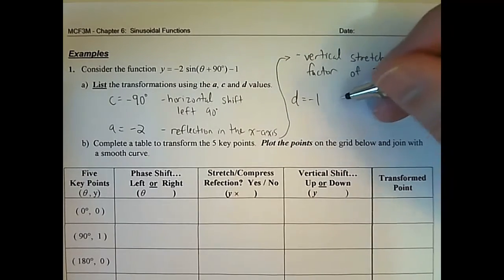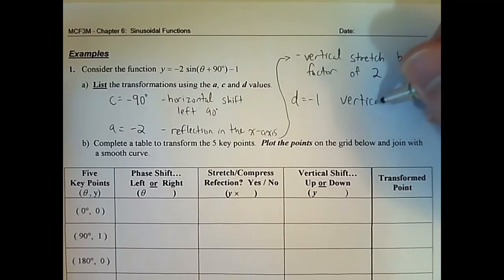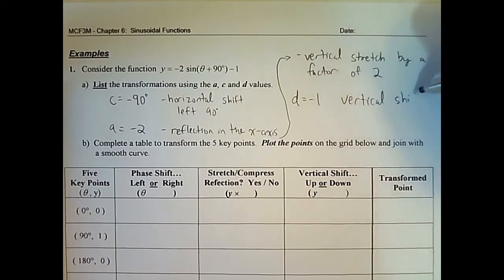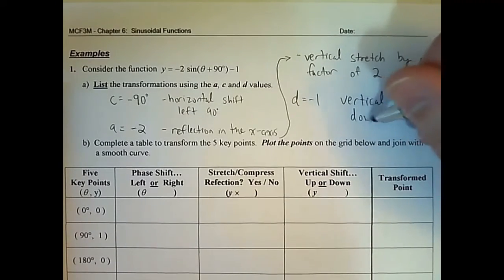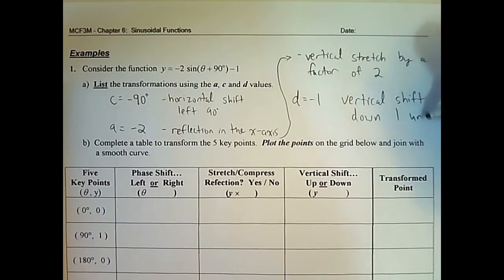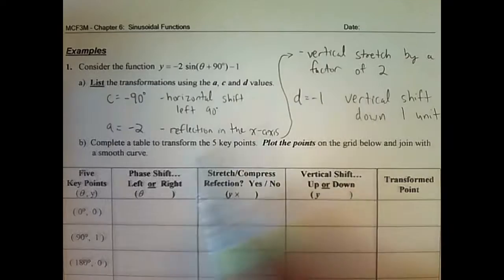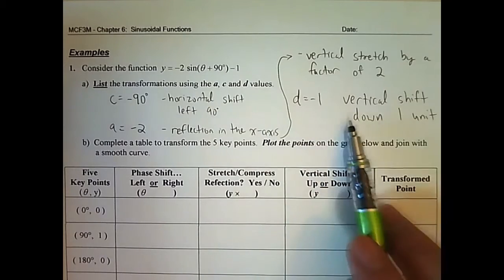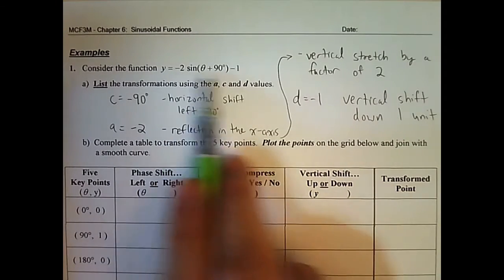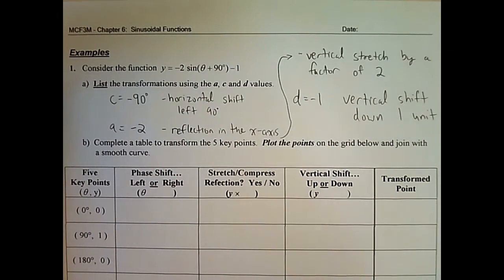So in this case, we have a vertical shift down 1 unit. So these are the 3 different transformations, I guess 4 if you count the a value doing the reflection. These are the different transformations we're going to see for this sine function.